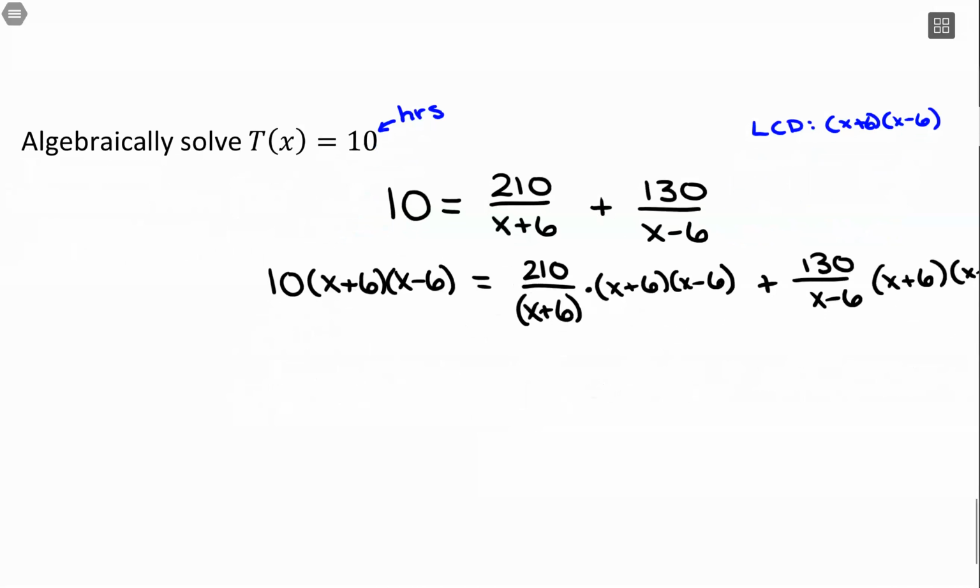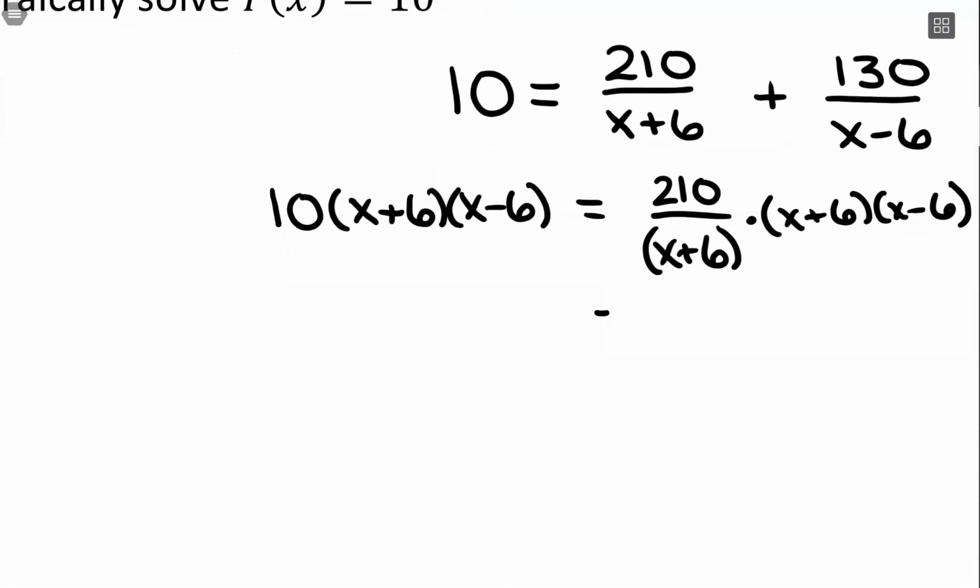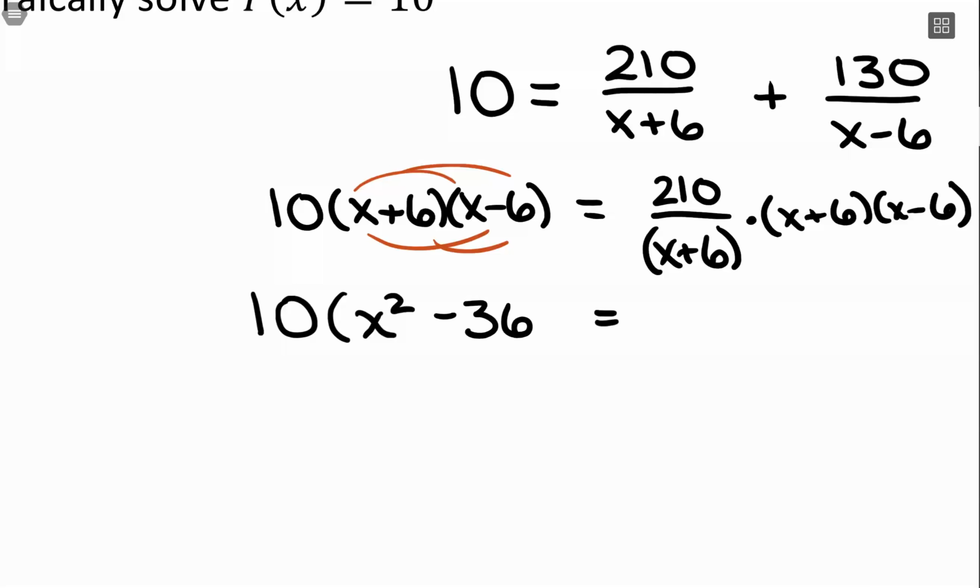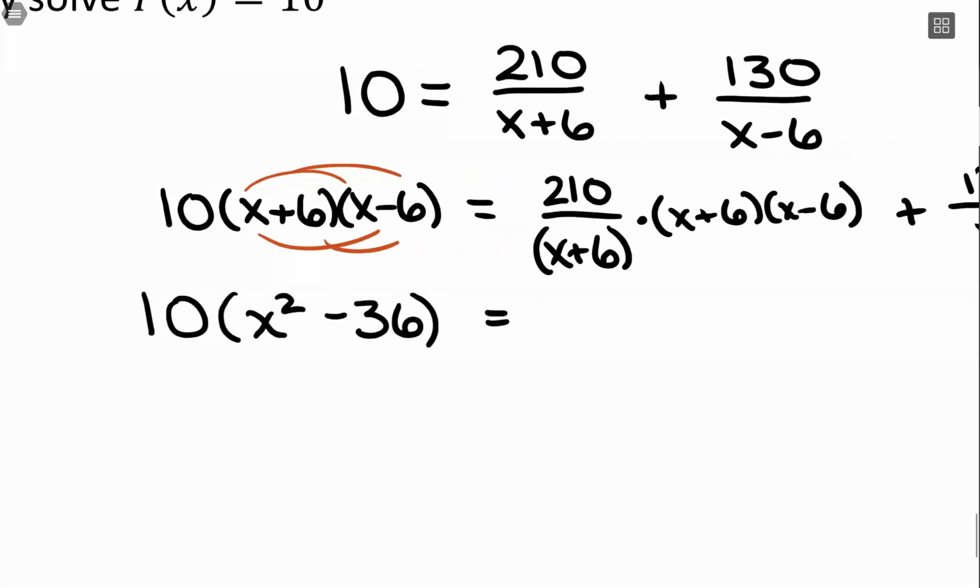All right, so on the left-hand side of the equation, I'm going to go ahead and FOIL out here. This is going to be our difference of squares. So we're going to have 10 times, and then we'll have x squared, and then the negative 6x plus positive 6x will cancel each other out, but then we'll have positive 6 times negative 6, which is negative 36.